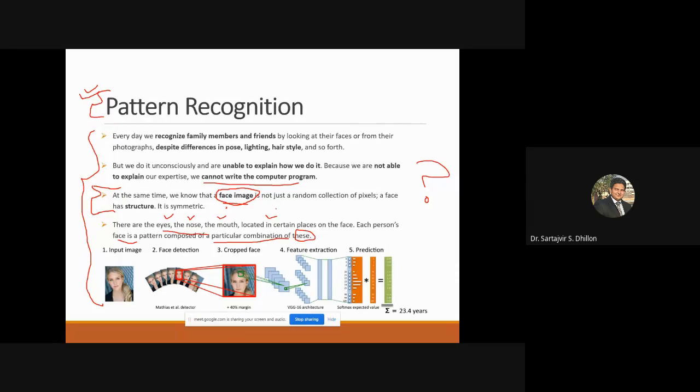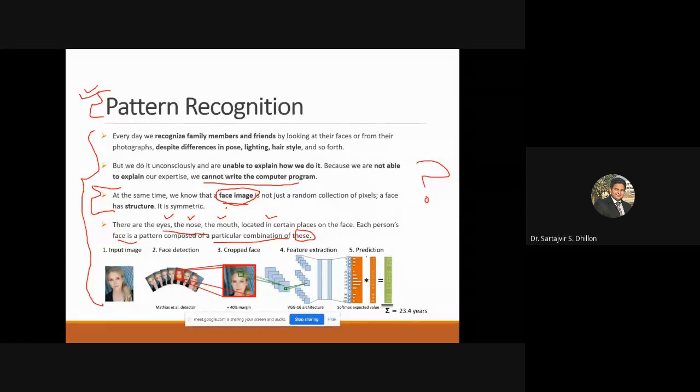From that point of view, we can recognize the face of a person. This information we can put into an algorithm so that we can get some recognition of the face.